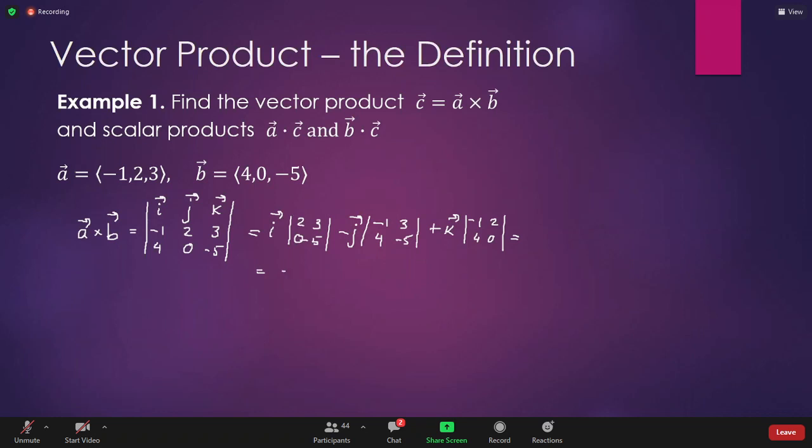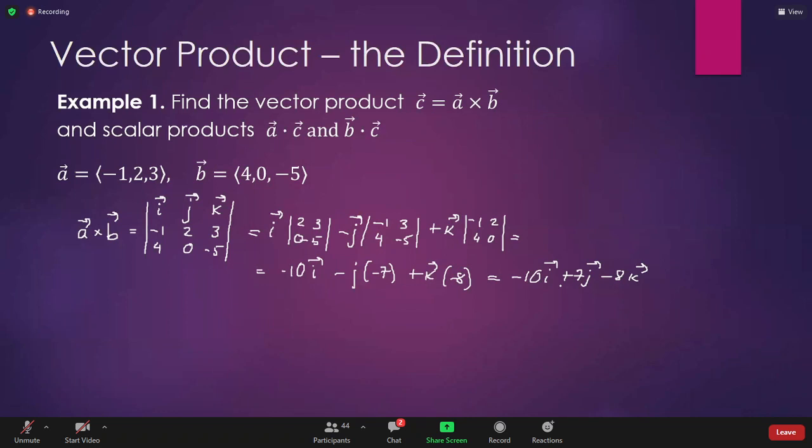Okay, so we have minus 10 i, and here we have 5 minus 12. So that would be minus j times 5 minus 12, which is minus 7. And plus k times 0 minus 8, so that would be times minus 8. So we can write minus 10i plus 7j, the sign is changed, minus 8k. Or we can in fact think of the vector immediately in terms of coordinates. We don't have to write them with ijk.